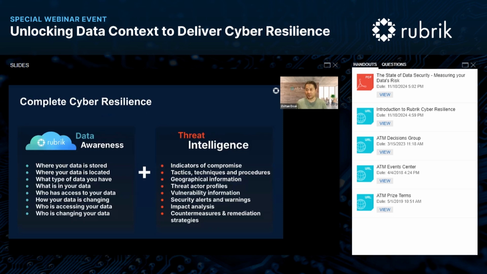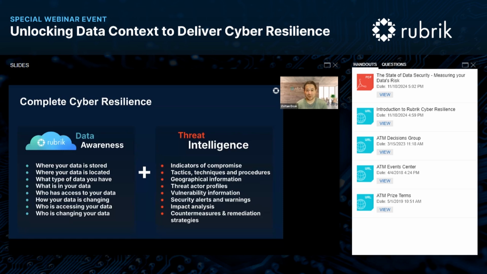Like I just demonstrated 3 different phases where this type of context can add significant value. But we also thought, well, what if we worked with other security vendors who don't have this type of insight, this type of data context, this type of insight into the data that they're protecting. If you think about a traditional cybersecurity vendor, they're generally very focused on prevention and they utilize threat intelligence, right?